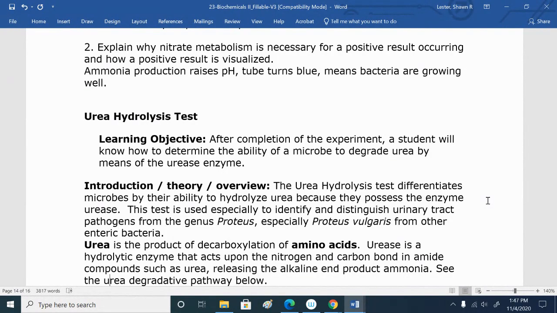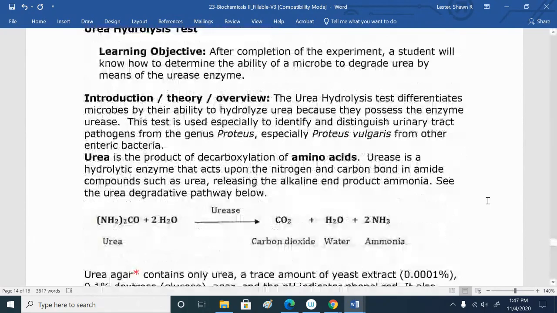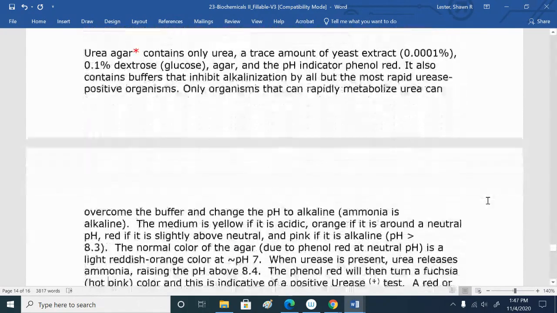And what color does phenol red turn with base, with alkaline pH? Pink. Right, that hot pink fuchsia color. So you can look at a urea agar tube and tell me what the pH is, right, by the color.